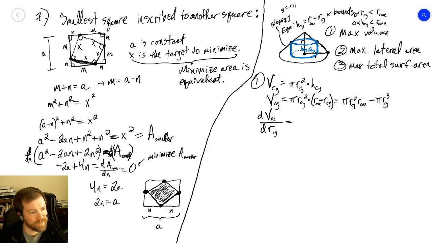I don't know what's going on. So when we take the derivative of these terms, the radius of the cylinder is going to be variable and the radius of the cone is going to be constant. So that's just going to be pi r cone times 2 r cylinder minus 3 pi r cylinder squared.